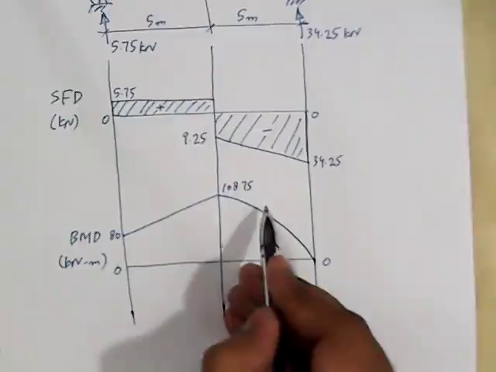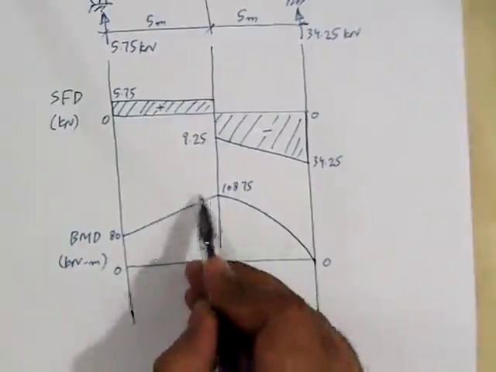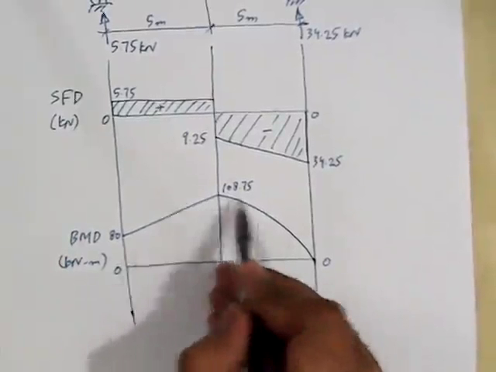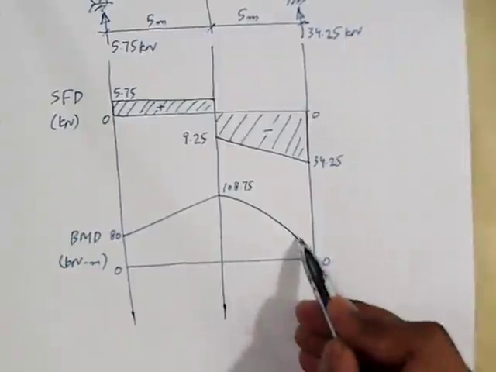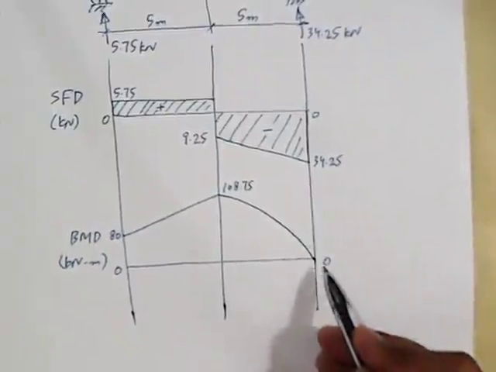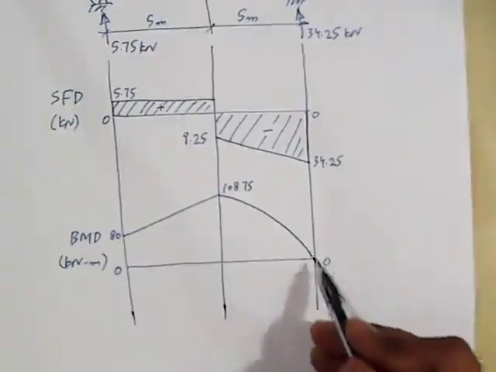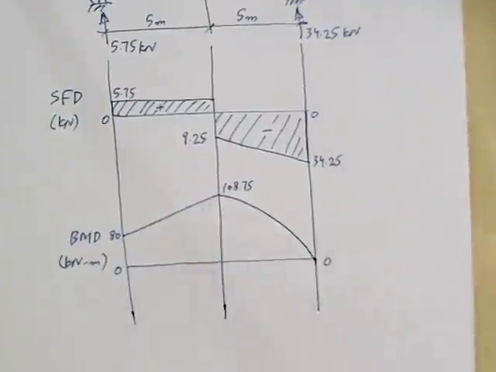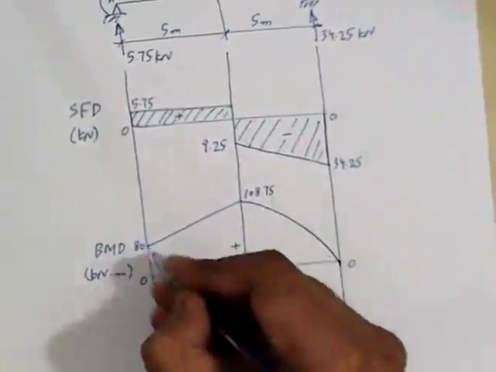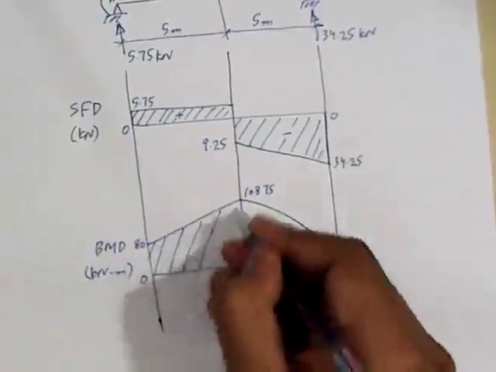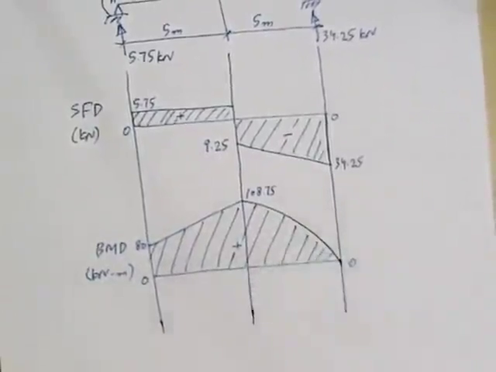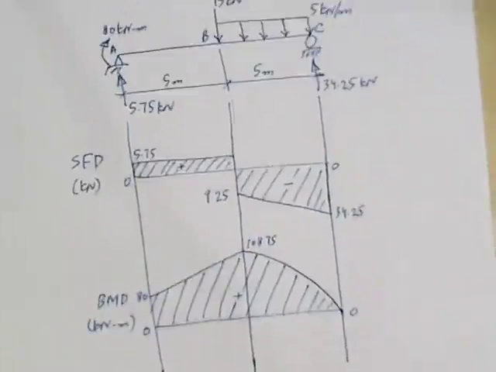If you draw a tangent at this point and look at its slope, and then you draw a tangent at this point and determine its slope, you will see that the slope is increasing from this point to this point. So this completes the bending moment diagram, and for this beam, the entire bending moment diagram is positive.